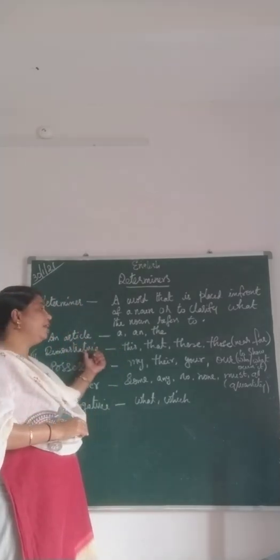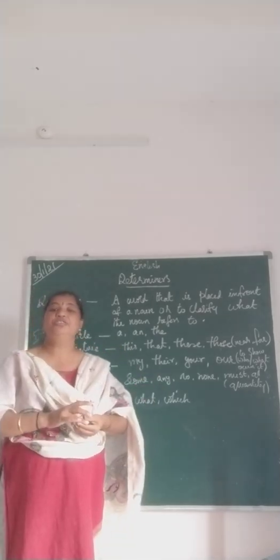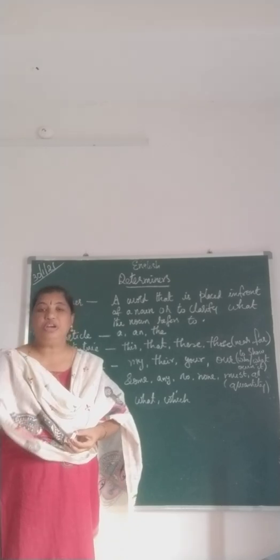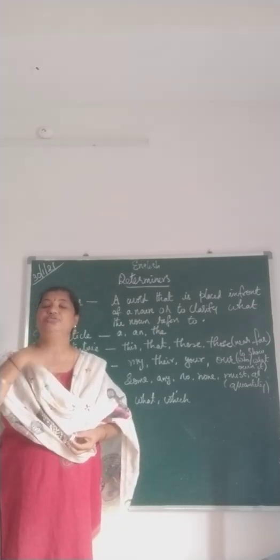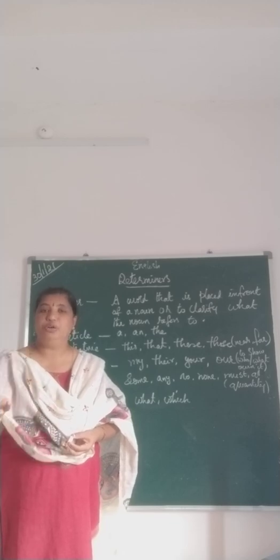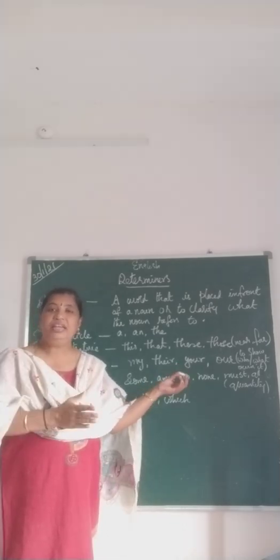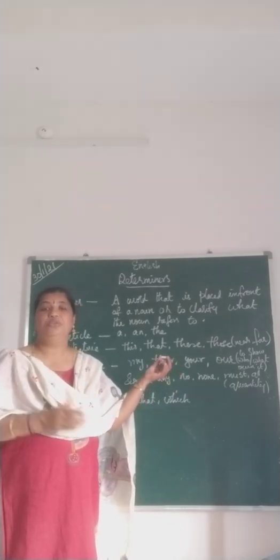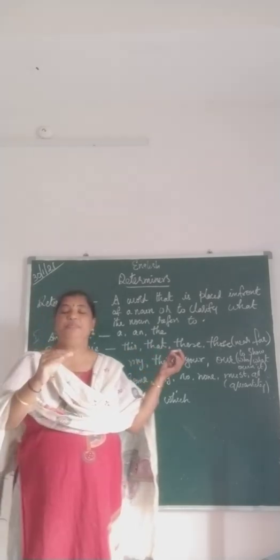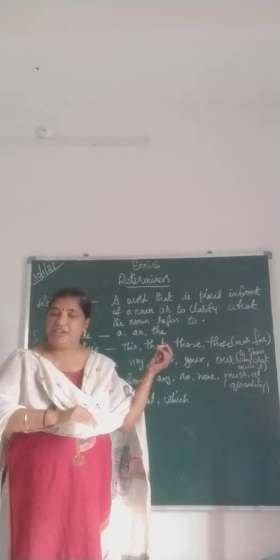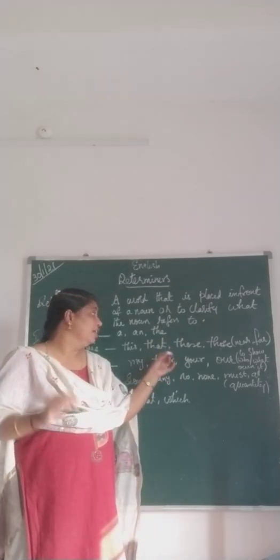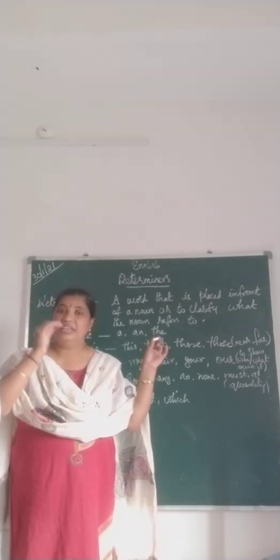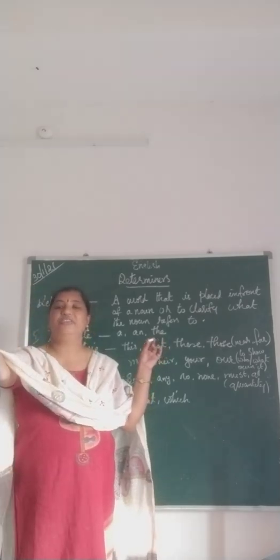Now, demonstrative determiner. Demonstration means showing. The word itself tells you, demonstrate is to show. Now in grammar, it determines whether the object is near you or far away from you.